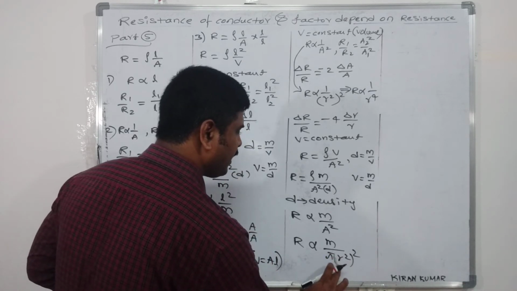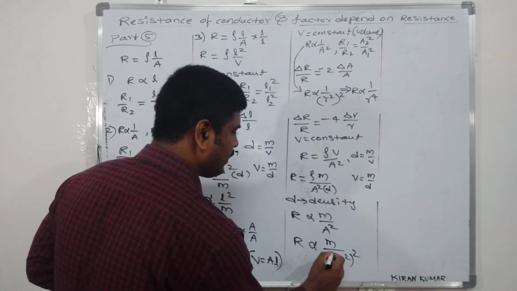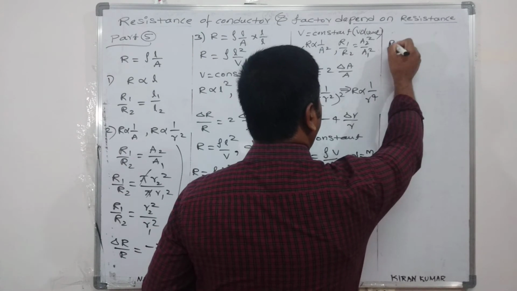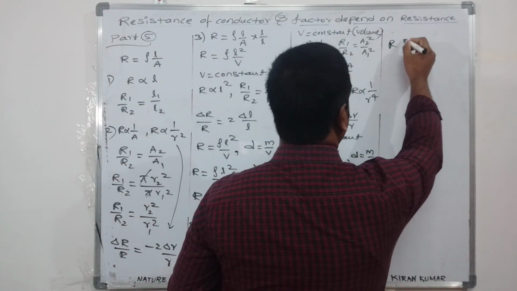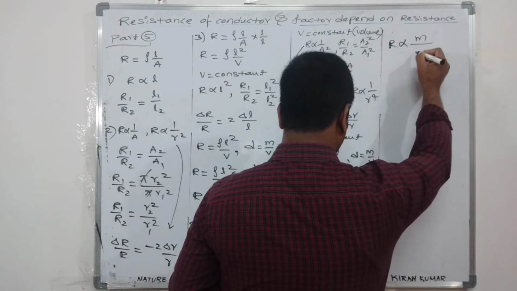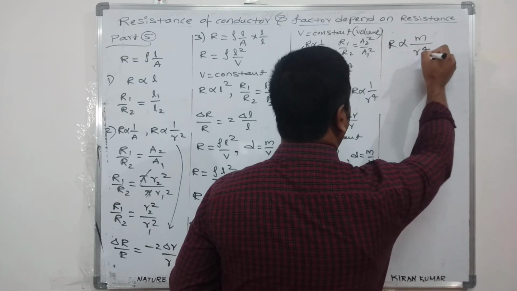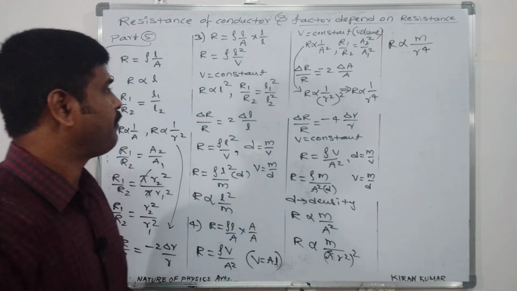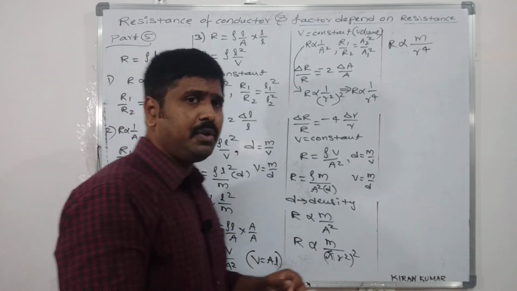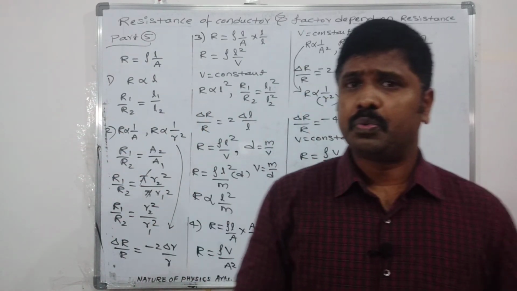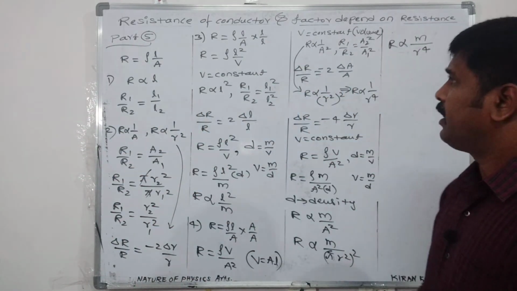Area we can write like this. So here R is directly proportional to M, inversely proportional to r to the power of 4. These are very useful formulas to find the different relations.